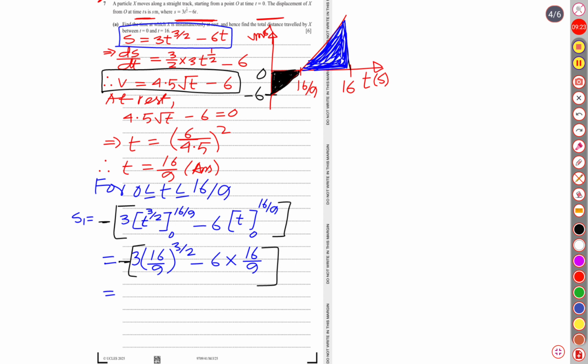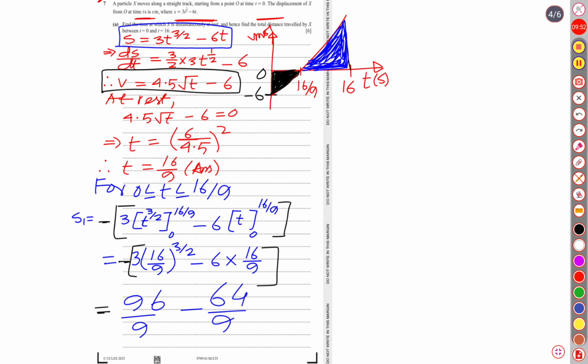This 96 over 9, then minus, it is going to be 3, then 27. So 9, it will be 64 over 9. 64, because 4 cube means 64, so 64 over 9.